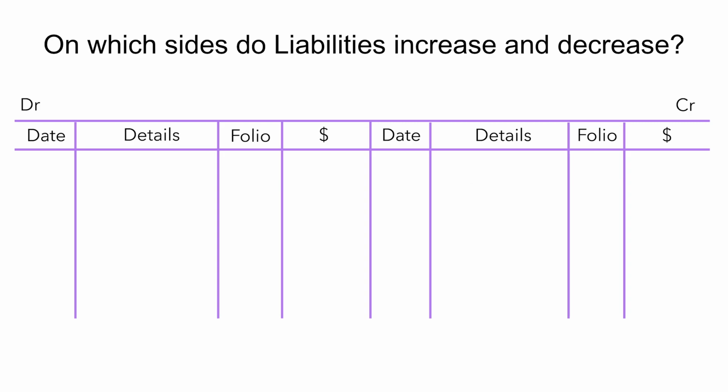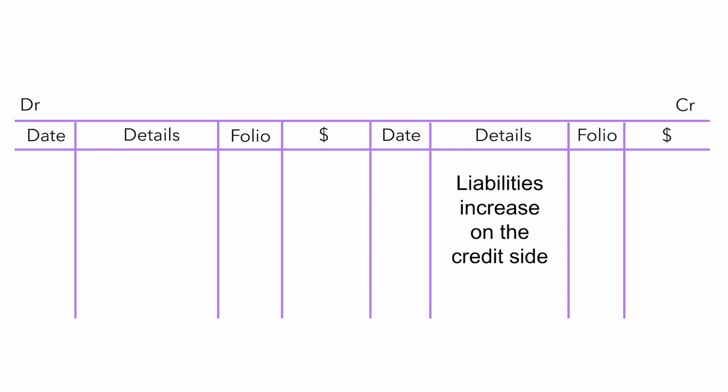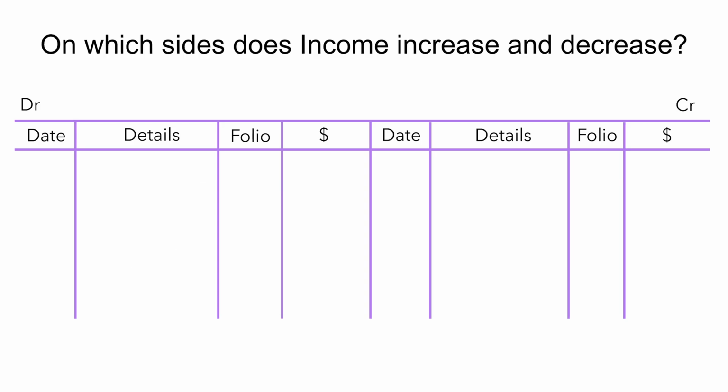On which sides do liabilities increase and decrease? Liabilities increase on the credit side, liabilities decrease on the debit side. On which sides does income increase and decrease?